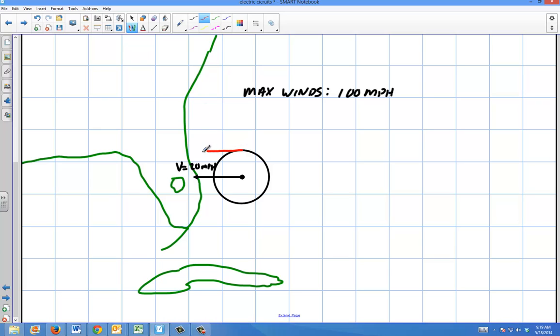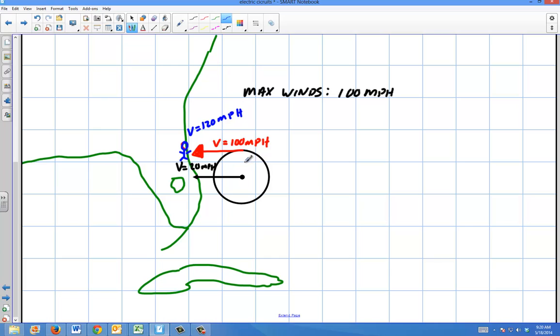You're going to get that 100 mile per hour wind, plus you have to add the 20 miles per hour that it's moving. That's the relative velocity. So if there's a person right here on the beach, they're going to feel the velocity of the hurricane winds plus the velocity that it's moving. That person is going to observe wind speeds of 120 miles per hour, because it's a relative speed.